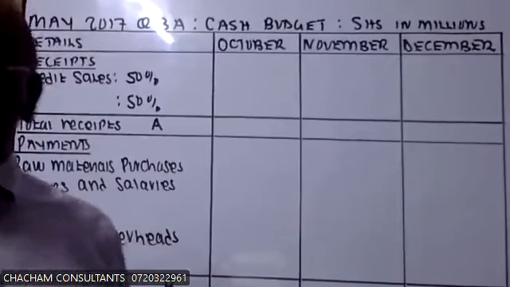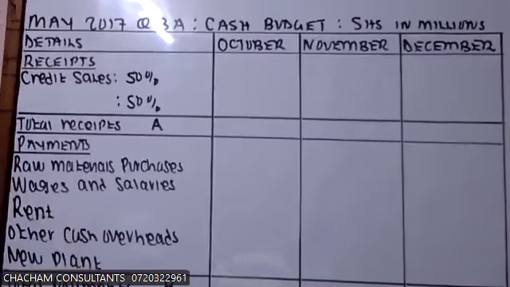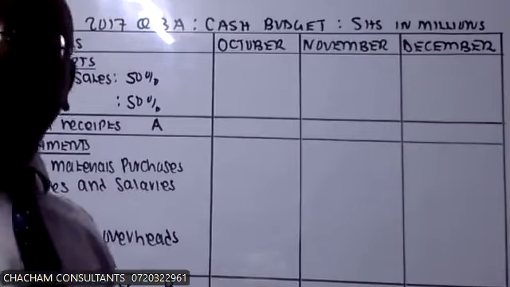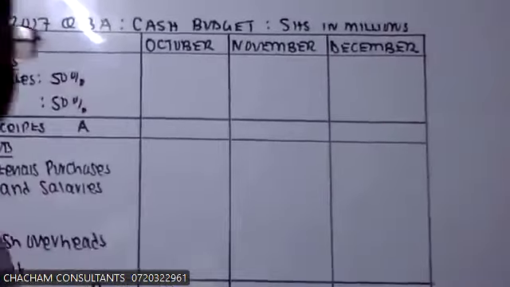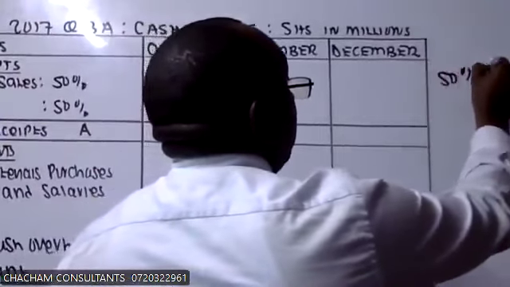So what we shall do is, in October, the sales are 40. So get 50% of 40.